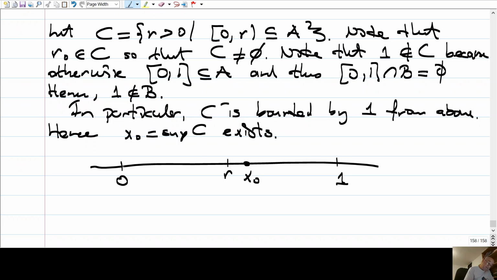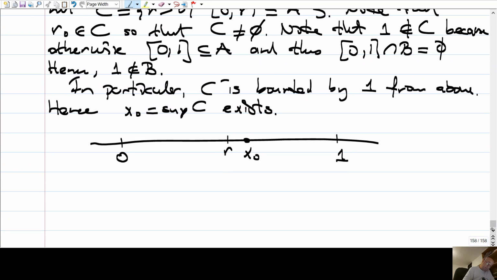It is the supremum of all R's so that [0, R] lies inside A. Now x0 is clearly between 0 and 1, so x0 is in [0, 1].